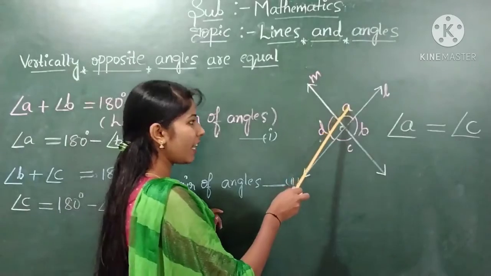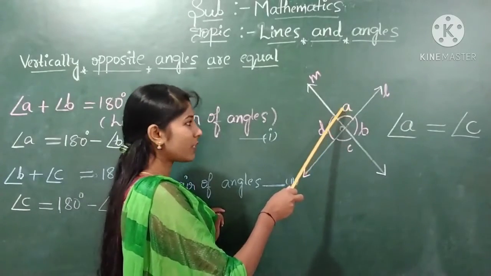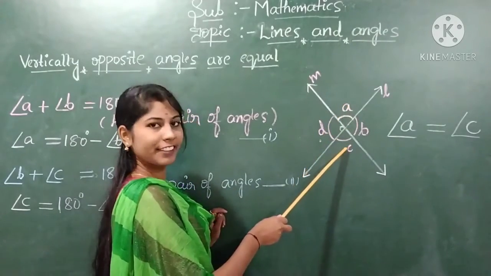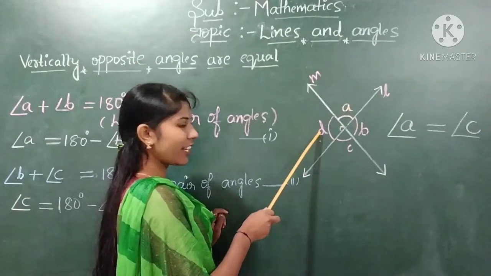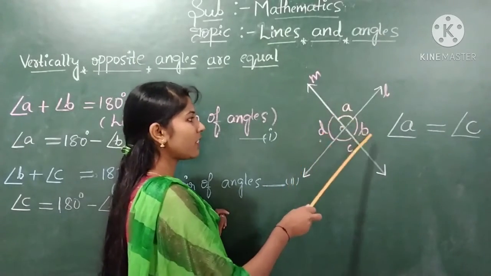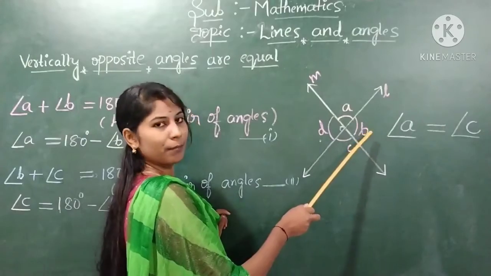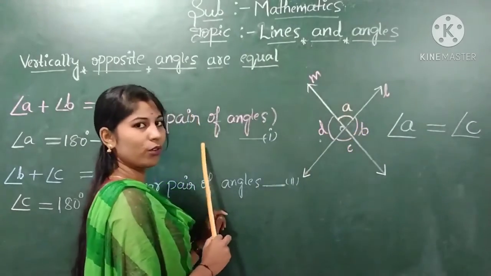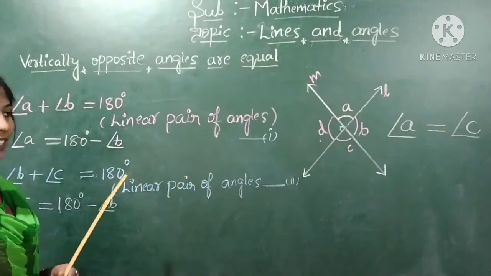In the place of A you can write C, and in the place of C you can write A. In the place of D you can write angle B, or in the place of B you can write D also. Nothing changes here.